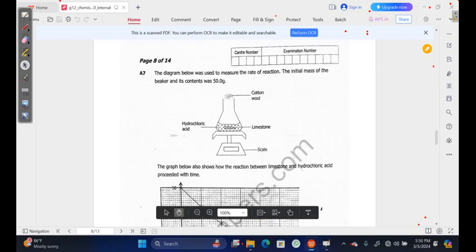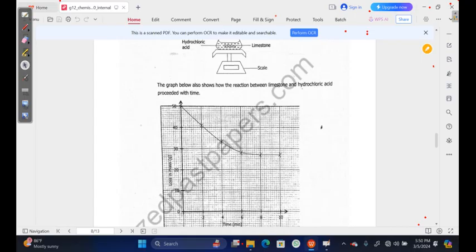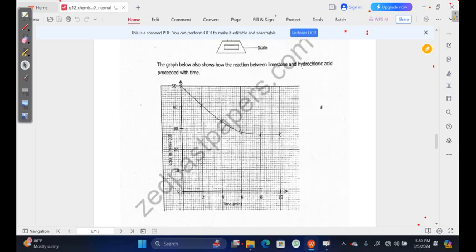The graph below shows how the reaction between limestone and hydrochloric acid proceeded with time. So this is the rate of a chemical reaction, how fast the reaction is taking place. That's what they are trying to illustrate on the graph between limestone and the hydrochloric acid.